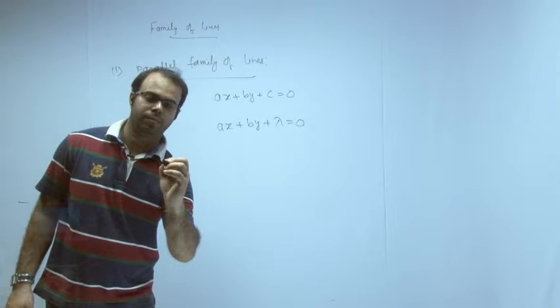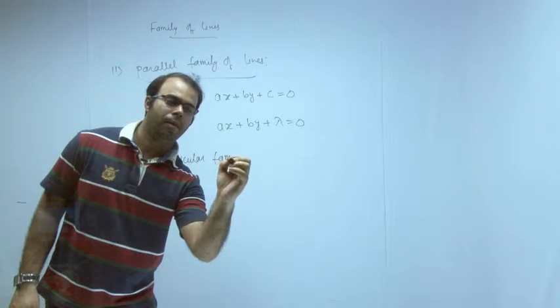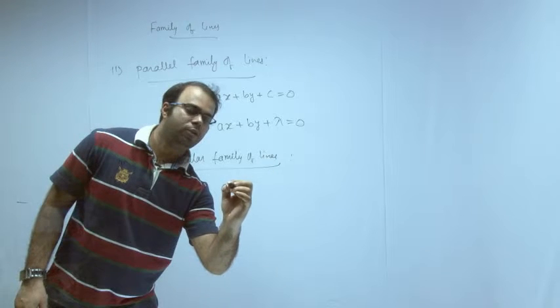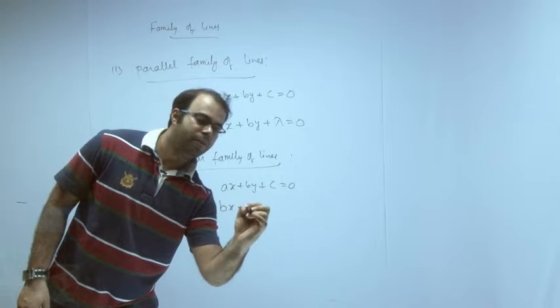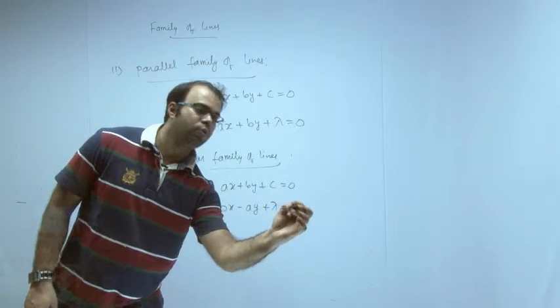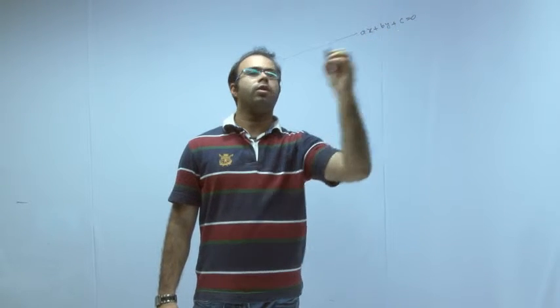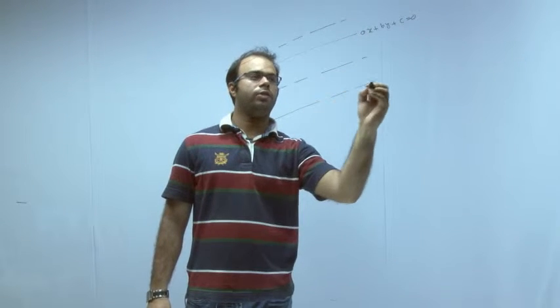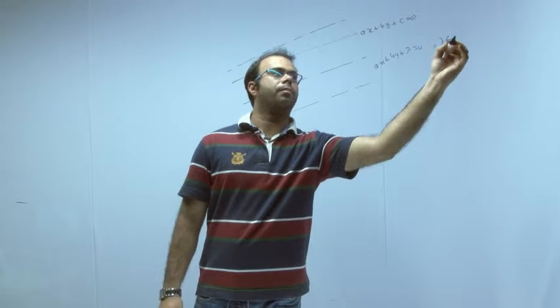Perpendicular family of lines. In the perpendicular family of lines, if the equation of the line is given as ax plus by plus c equal to 0, then the line perpendicular to that will be bx minus ay plus lambda equal to 0. Parallel family of lines, just now we saw, ax plus by plus c is equal to 0, parallel to that line there are an infinite number of lines, so that is why it is given as ax plus by plus lambda equal to 0, where lambda belongs to real numbers.